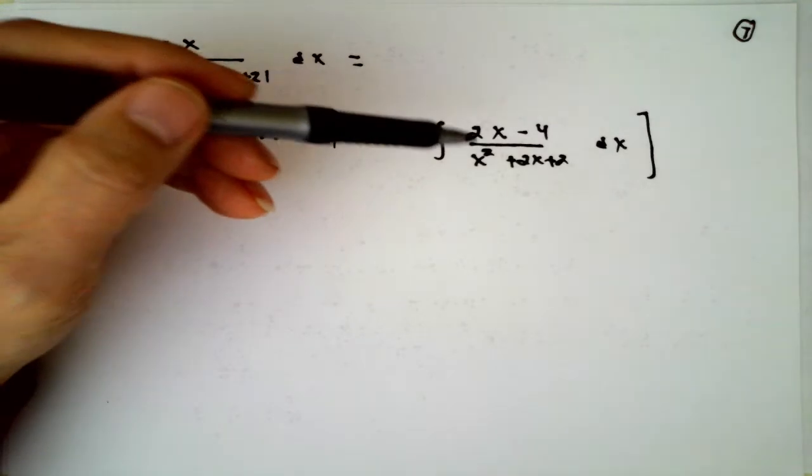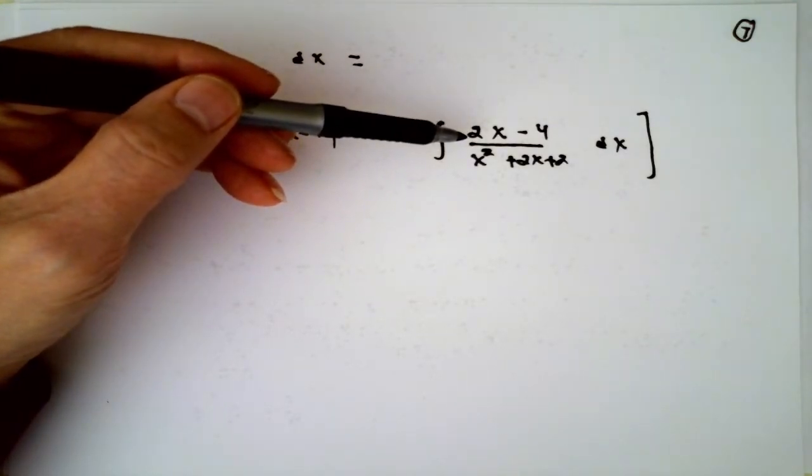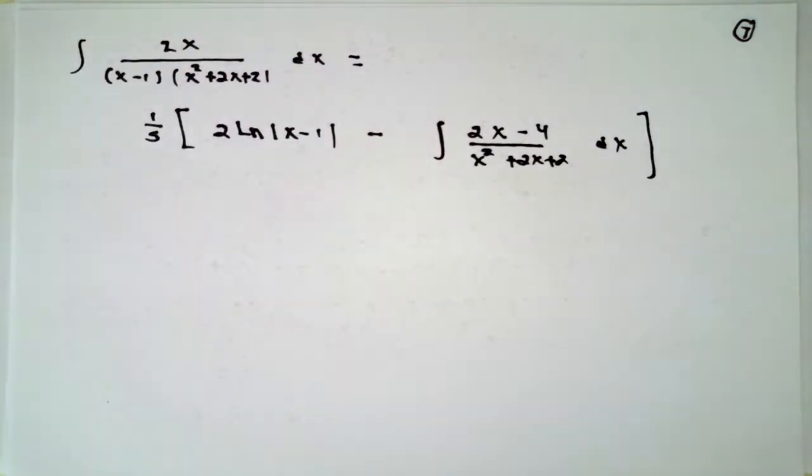The numerator is very nearly equal to 2x plus 2, except instead of adding 2, I'm subtracting 4 away. It would probably be advantageous to express the top of that fraction in terms of 2x plus 2 and then make any appropriate corrections.